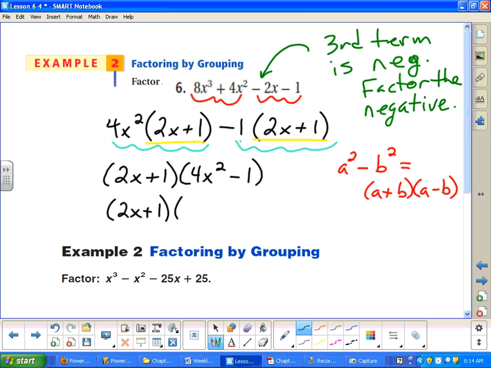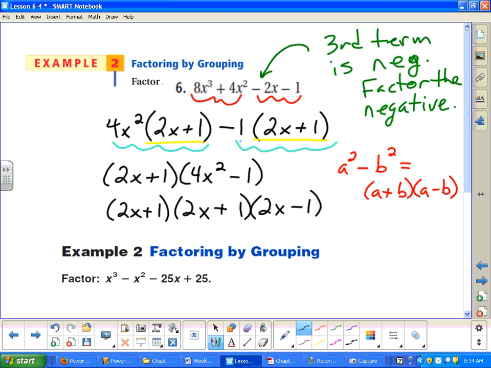We have 2x that's squared to get 4x squared, and 1 that's squared to get 1. So my answer would be 2x plus 1 times 2x plus 1 times 2x minus 1. And you could write this squared if you wanted to.